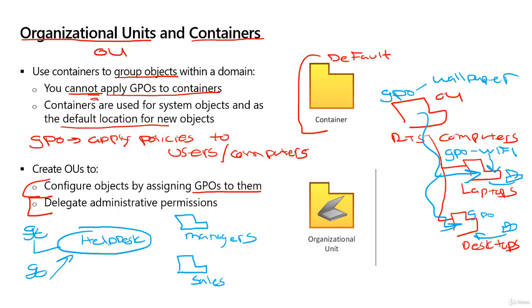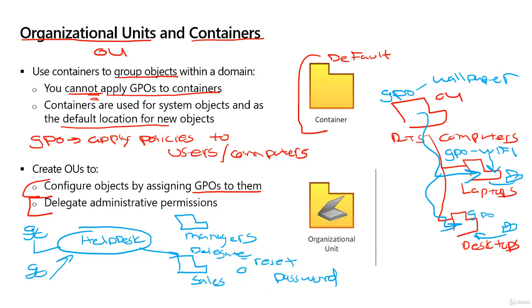We've decided this initial tier of the Help Desk should not be able to reset passwords for managers, but they should be able to reset passwords for sales users. Then I would simply delegate at the sales OU level, reset password to this help desk group, but it's done at the sales OU.